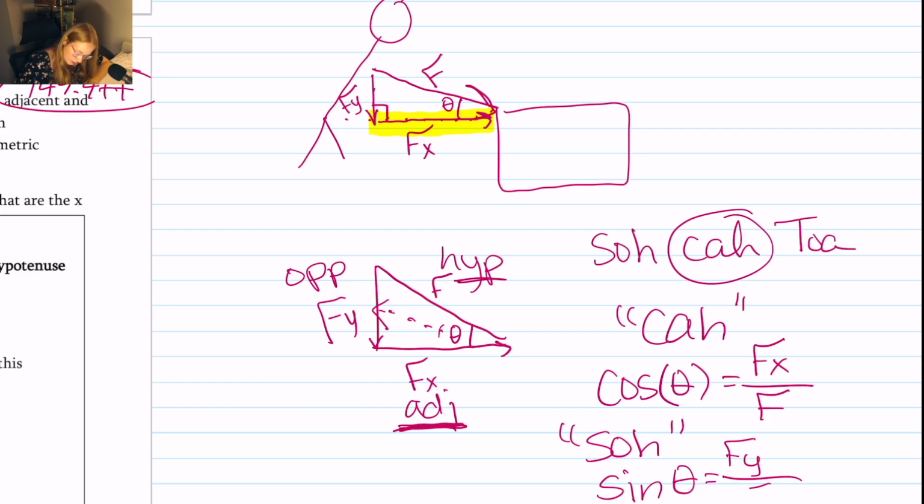And the hypotenuse, which is the original force, would be on bottom. So that's how we're going to use it in physics. You have something happening at an angle, whether that be force, or maybe even it's like kicking a ball at an angle, and you break it down. What is the x? What is the y? What is the horizontal? What is the vertical? And we're using cosine and sine for the most part.